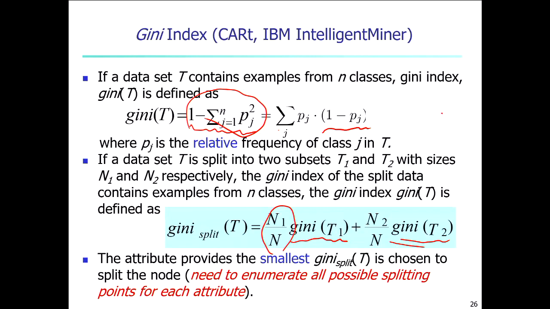That's why we take the smallest Gini index after the split, and we take it as the attribute and the attribute value for us to split the node. And just be aware that we need to enumerate all the possible splitting points for each attribute.